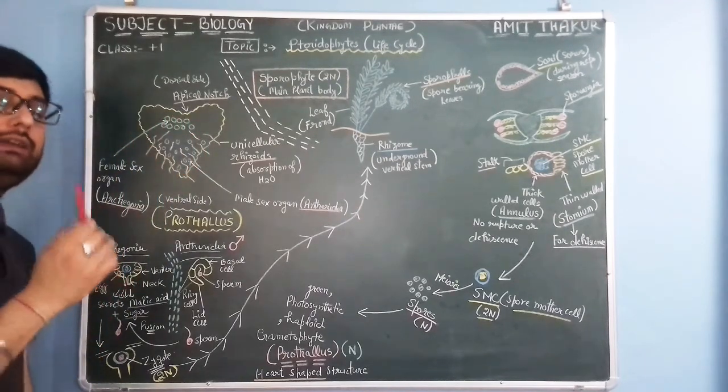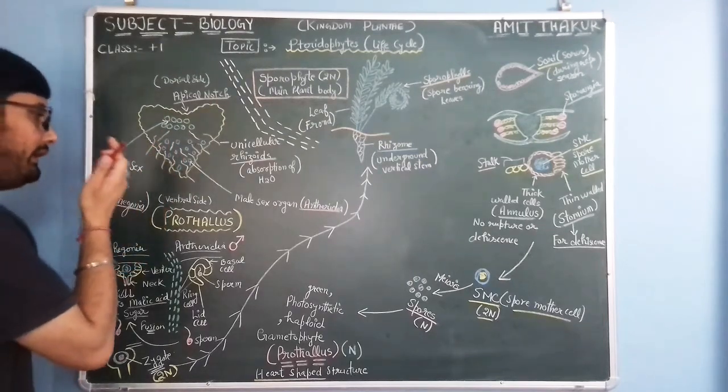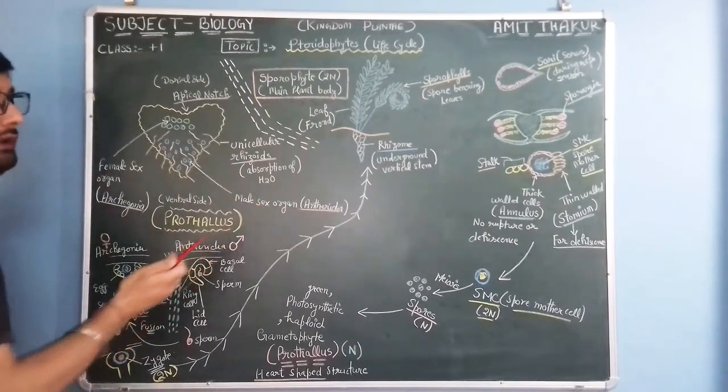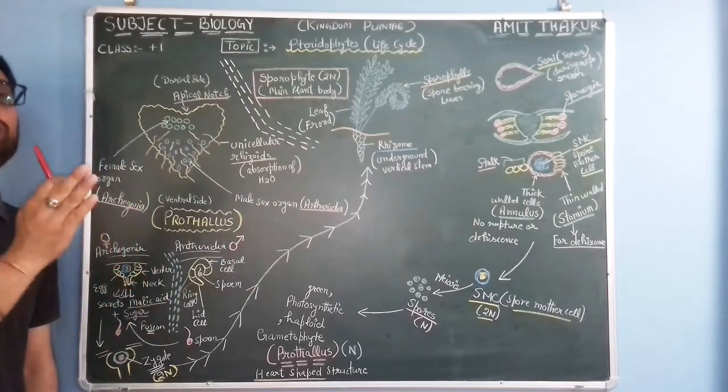So archegonia is present towards the dorsal side, and antheridia, the male sex organ, is present towards the ventral side in between the unicellular rhizoids.